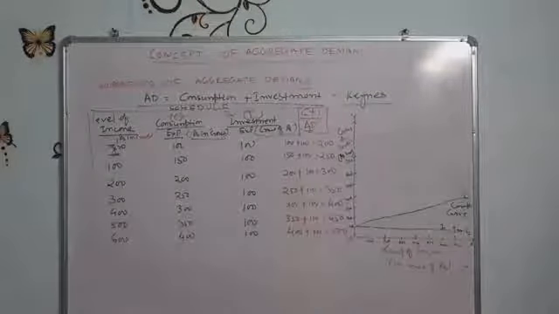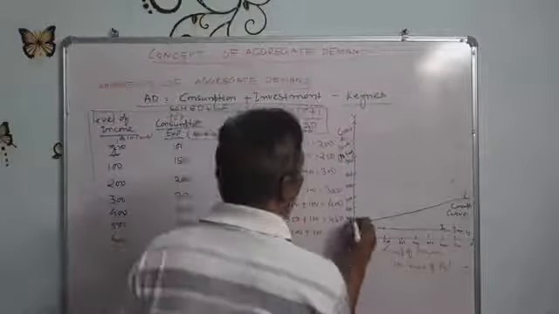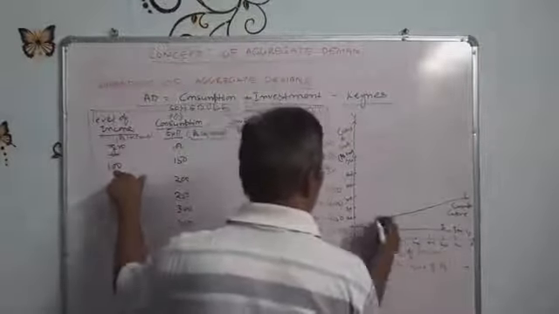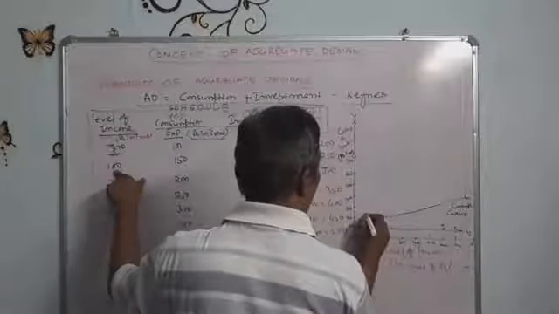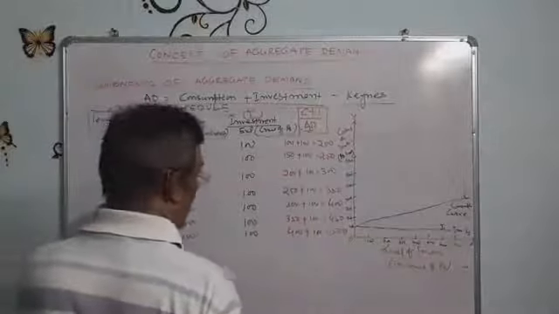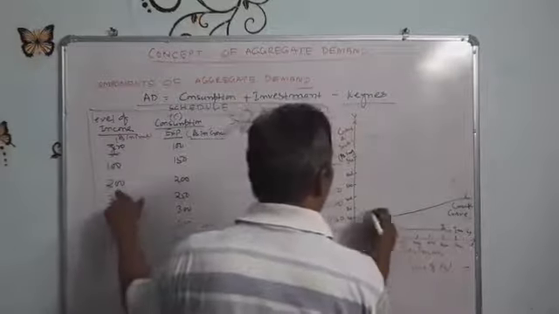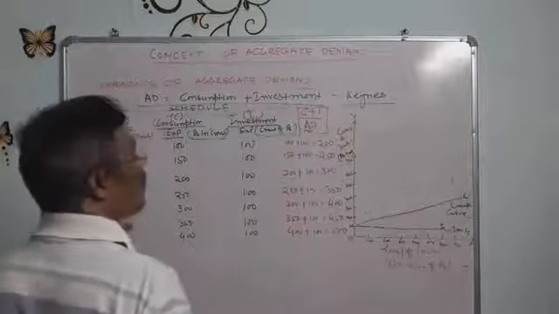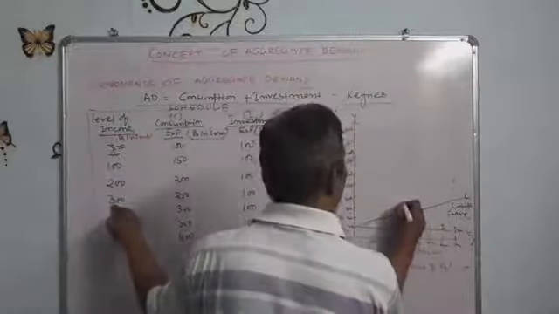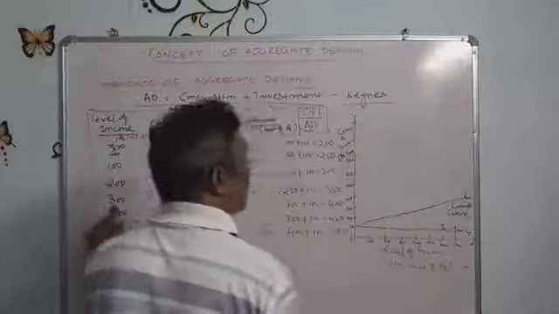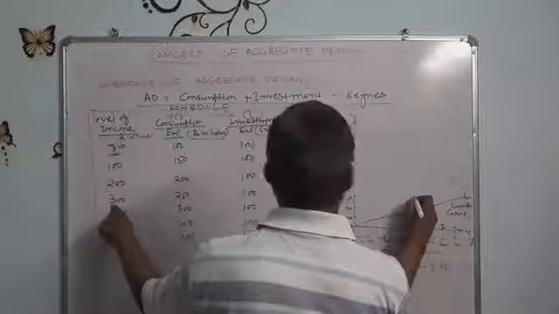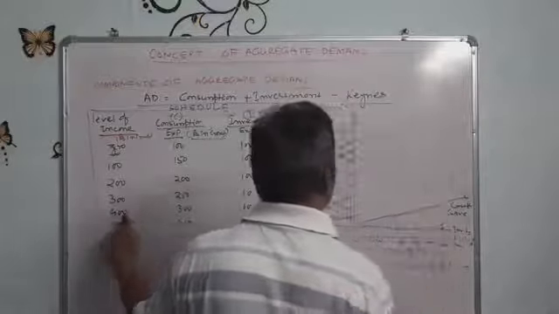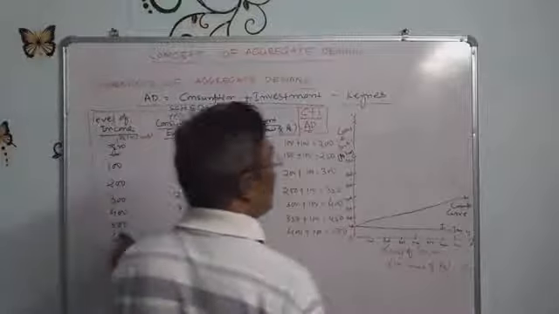Zero level of income, AD is 200. 100 level of income, 250. 200 level of income, 300. 300 level of income, 350. 400 level of income, 400. 500 level of income, 450.